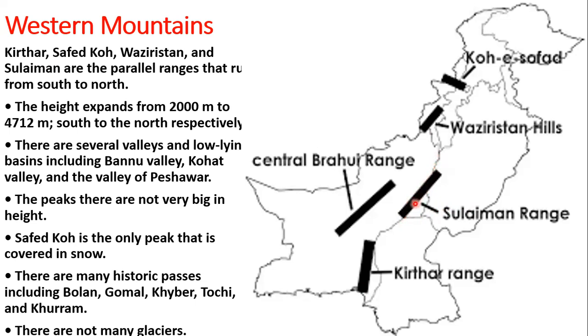Well, these are the ranges where the most horrible flood came, and the regions of Balochistan, the regions of Punjab and the Sindh, they came under the heavy waters. Well, the height expands from 2,000 meters to 4,712 meters south to north respectively.